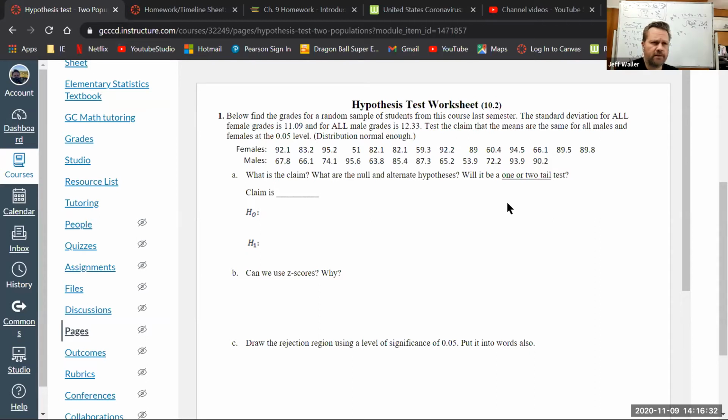I think I heard a yes. Is it 0.05? No, that's alpha. The sigmas are right here: standard deviation for all female grades is that, and for all male grades is that.